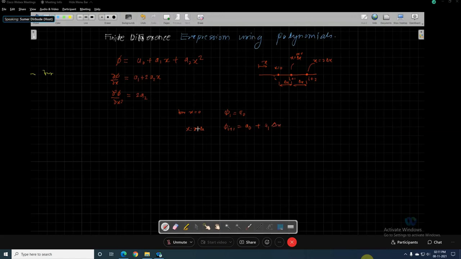At x equals delta x, you have a1 delta x plus a2 delta x square. At x equals twice delta x, phi I plus 2 will be equal to a naught plus a1 twice delta x plus a2 twice delta x square.